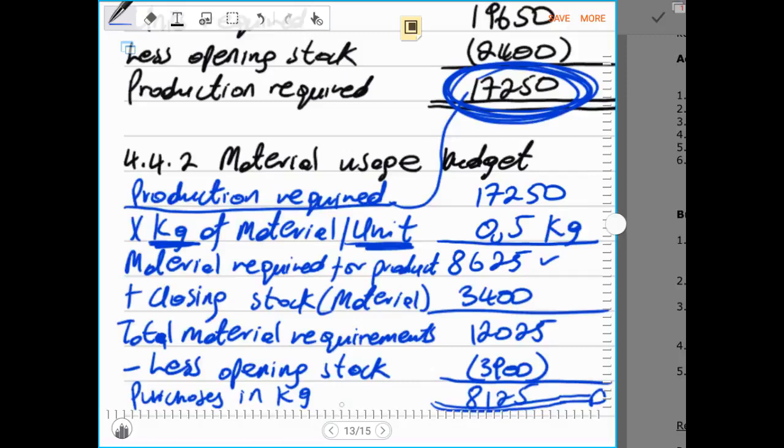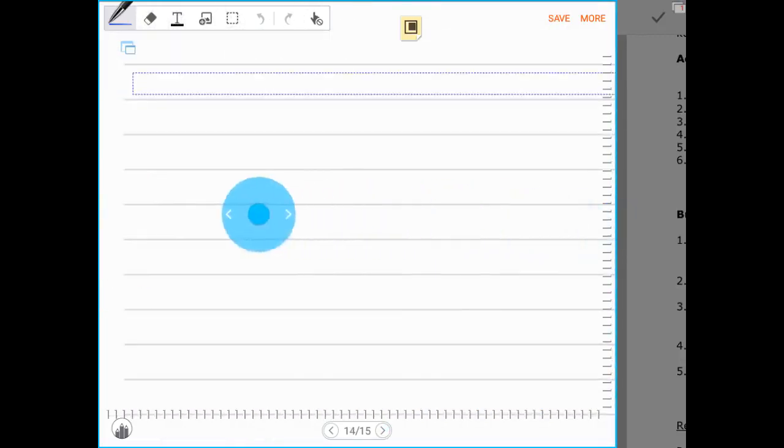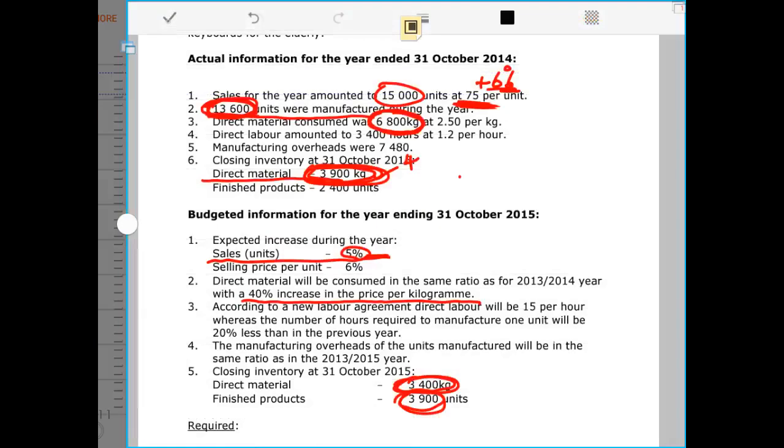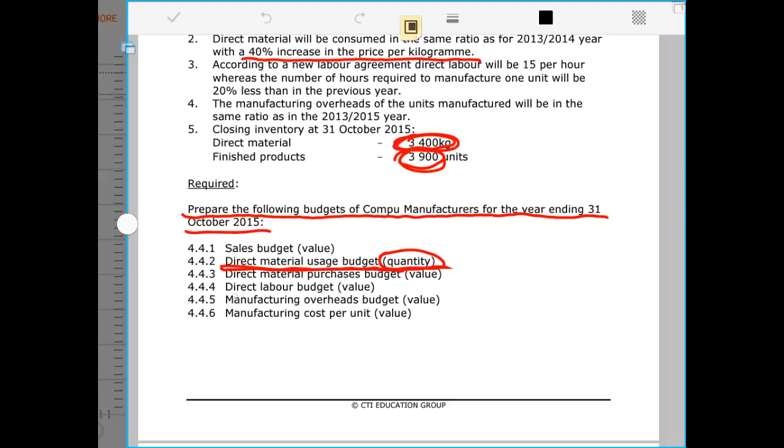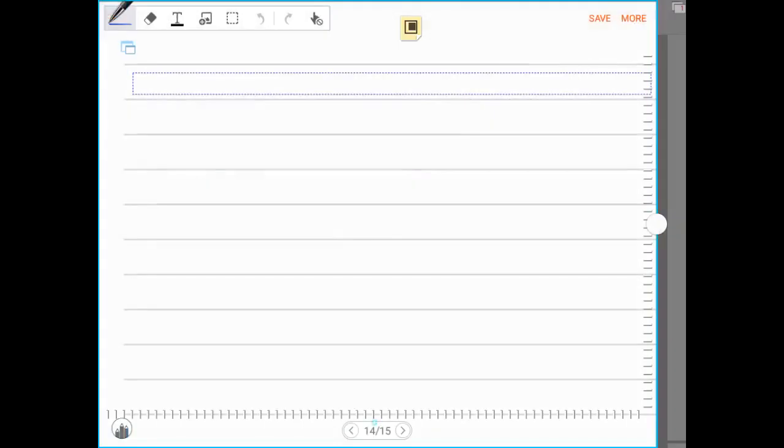We don't need to buy it. Therefore now that will give us the material that we need to purchase in the current accounting period. Therefore now we go to the next budget, and the next required budget is the direct material purchase budget, and this is value, meaning the budget that we did is the quantities.